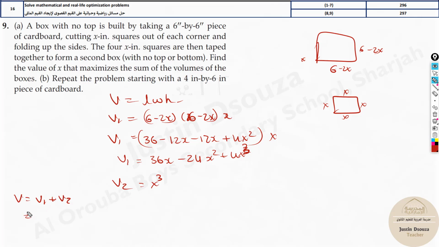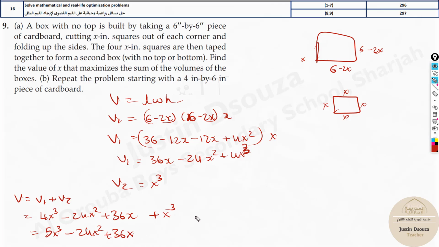So I'll rearrange this properly. 4x cubed is there first, minus 24x squared plus 36x plus x cubed. 4 plus 1 will be 5x cubed minus 24x squared plus 36x.